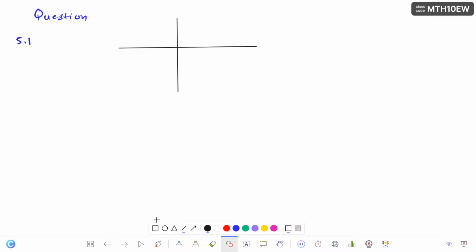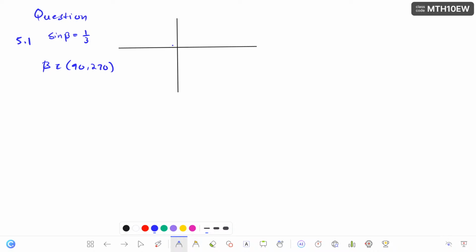So okay, we are given sine beta is equal to 1 over 3, and we are also given that beta is an element of 90 to 270 degrees. Since sine is y over r, our y is positive only on this side.